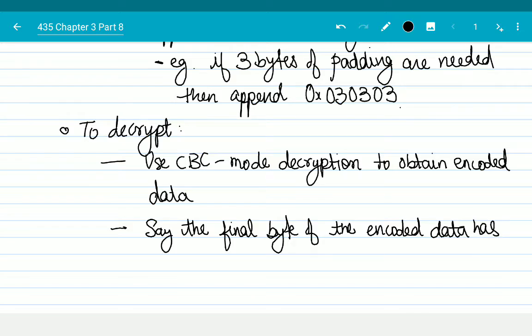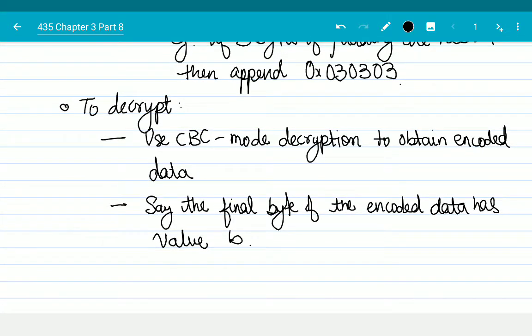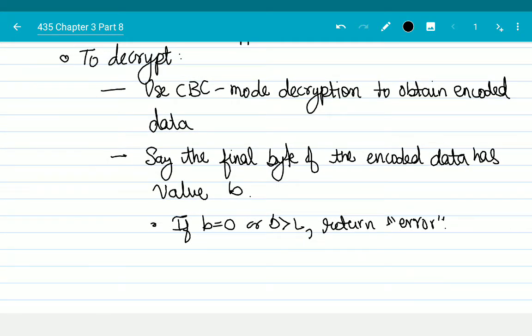Say the final byte has value b. Then here's the process. If b is equal to 0 or b is greater than L, return error. We will figure out why it is important to return error.